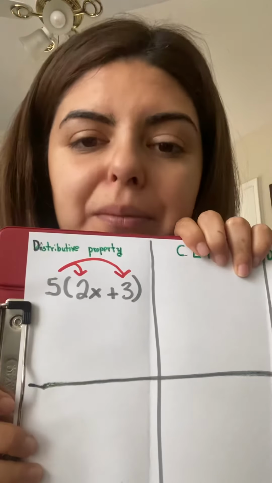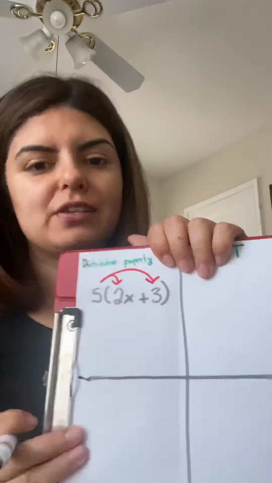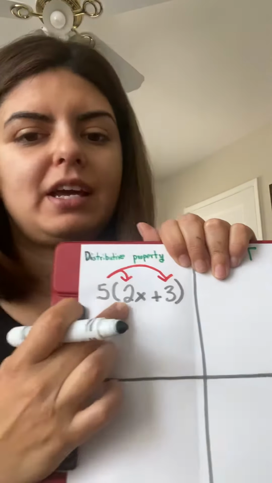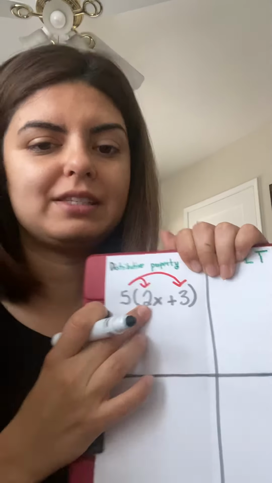So then the important thing about distributive property are, okay, you guys know this, right? The arrows. And the arrows mean what, guys? Multiplication. Yes. So now it should look a little bit like this. So the next thing is multiplying. So as we have here, it's 5 times 2. 5 times 2 is 10.